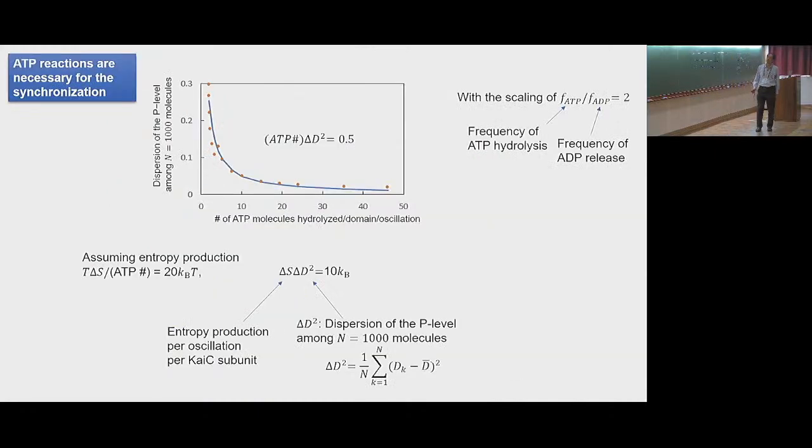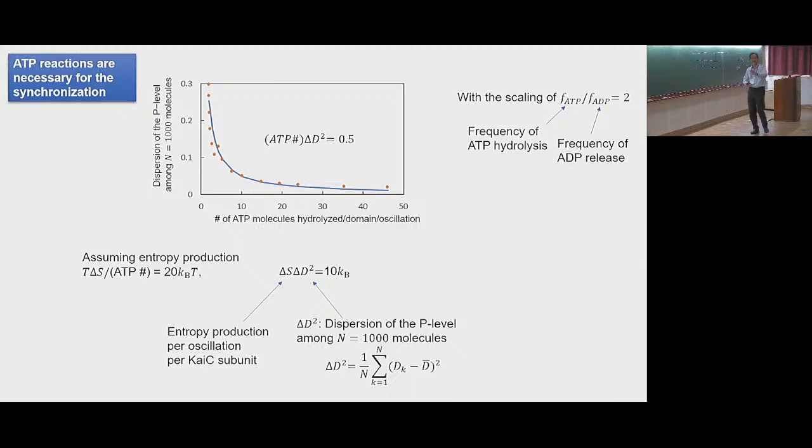This is another plot. By changing the ATP hydrolysis frequency, this is the plot for the number of ATP molecules consumed in each period. And this y-axis is the dispersion of the oscillation level defined like this.